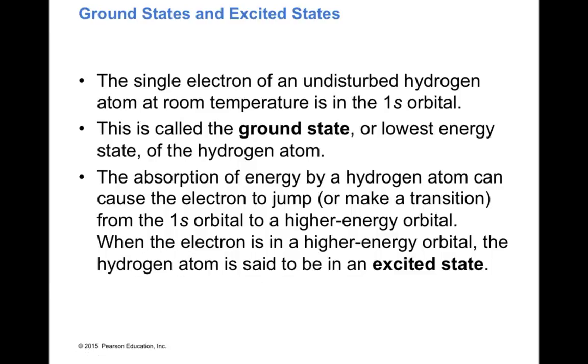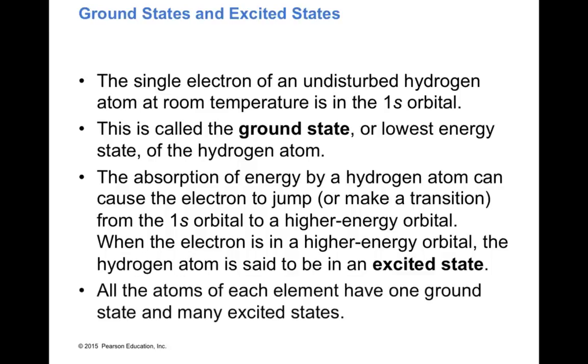So when an electron is in the lowest energy state, that state is called the ground state. When an electron is in a higher energy orbital, it's known as the excited state. All the atoms of each element have one ground state and many excited states.